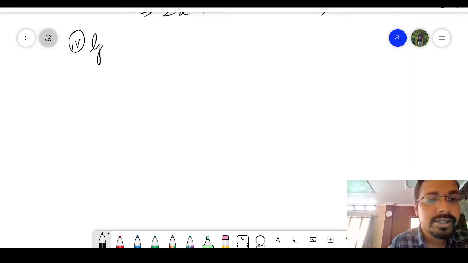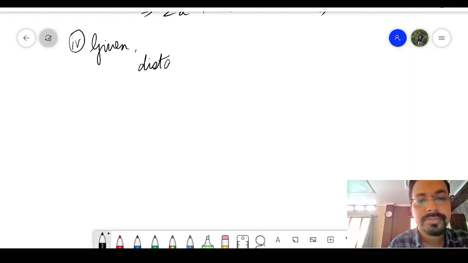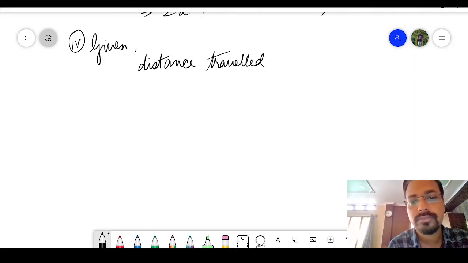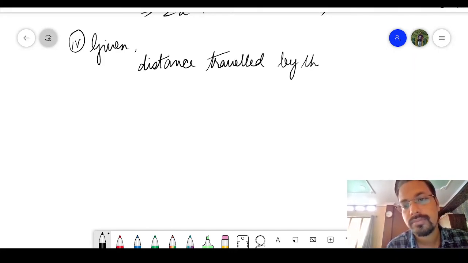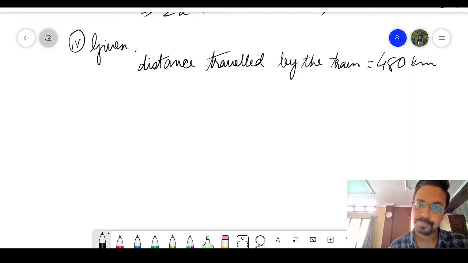So given, distance traveled by the train is equal to 480 km. At a uniform speed, so we need to find the speed.